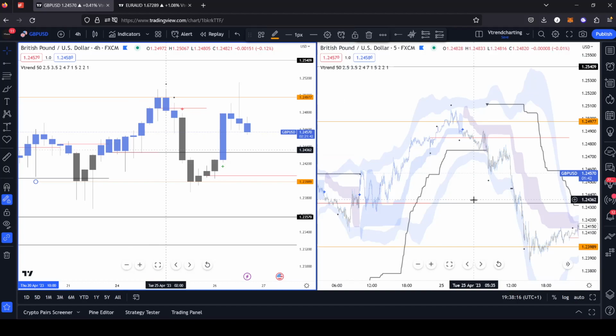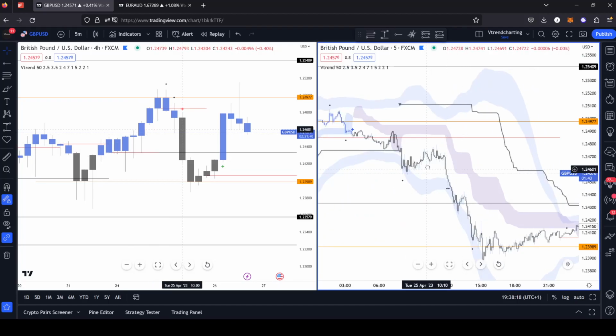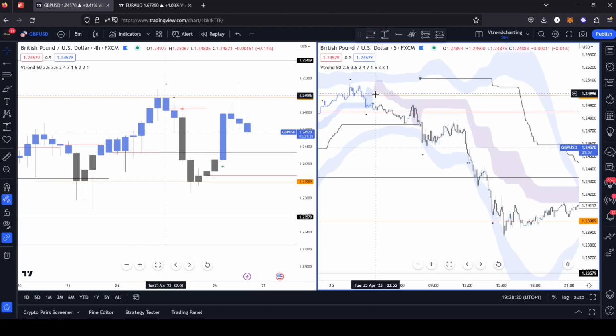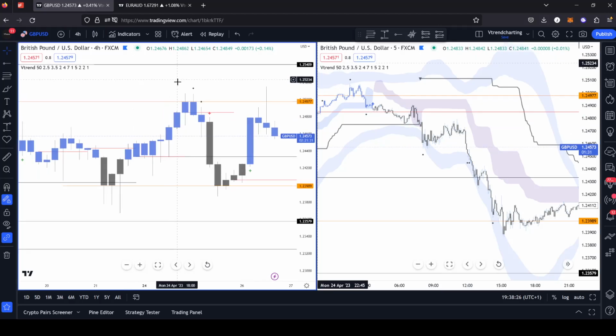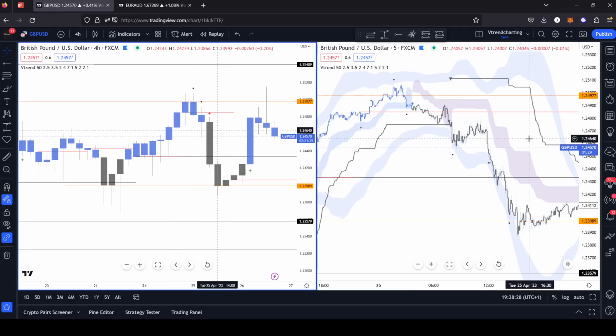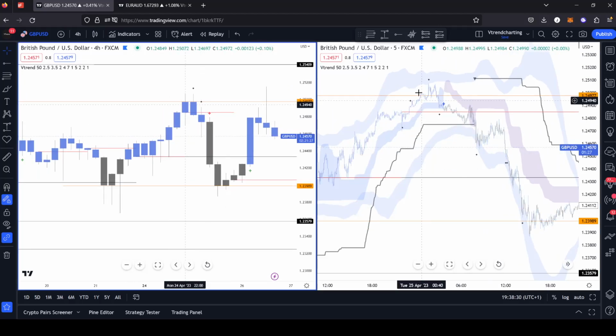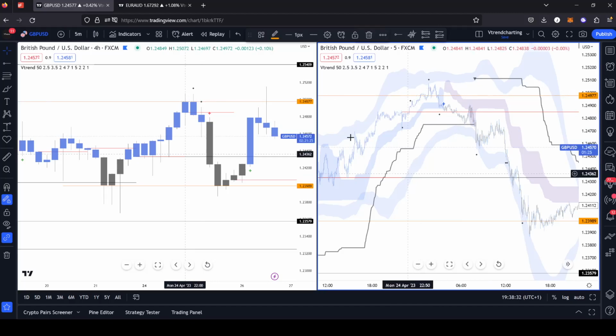Okay. So we have two orange levels here. I want to do high time frame plays. You can see that the low time frame helps show us here. Let's just increase the thickness just for the purpose of this video.